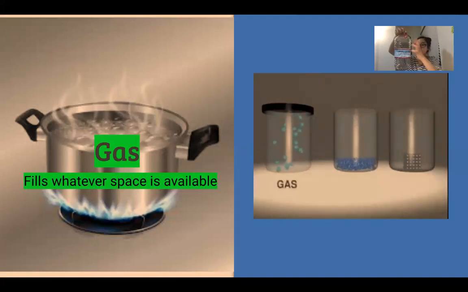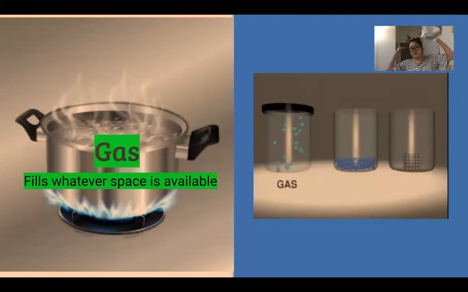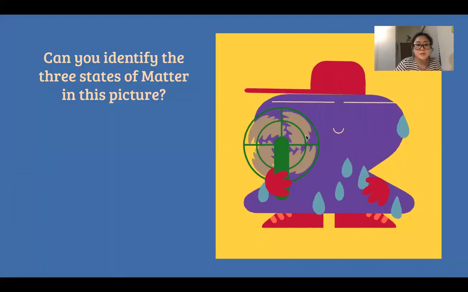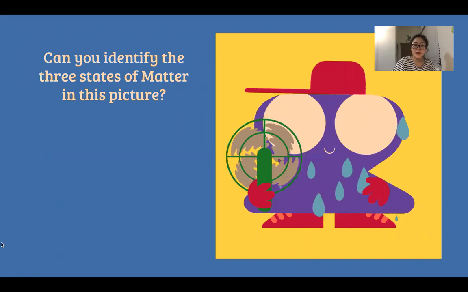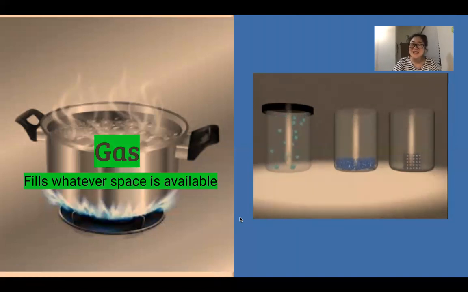So the gas fills up this gallon water bottle, right? But when I release the air, it now enters my space, which is the room that I'm in right now. And so that's a quick rundown of the three states of matter.